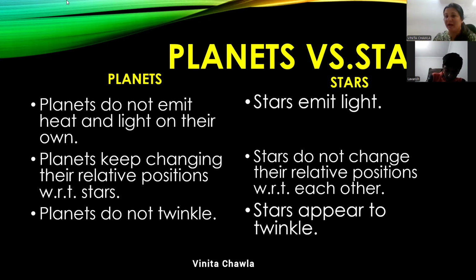We accept that, but between the two stars, the distance is fixed. On the other hand, planets rotate about their axis and revolve, so their positions change. This is the reason their relative positions with respect to stars appear to be changing.